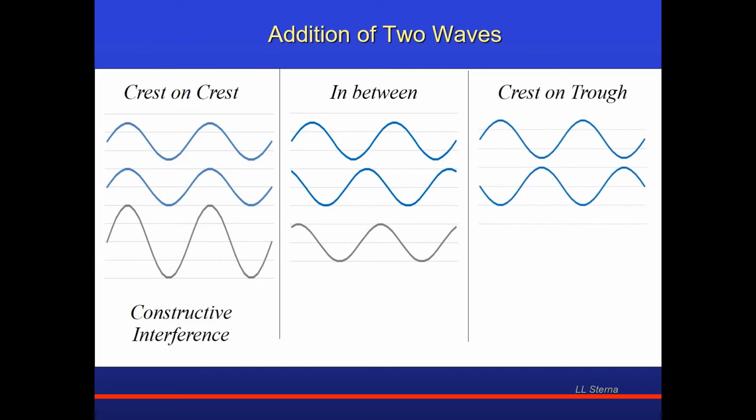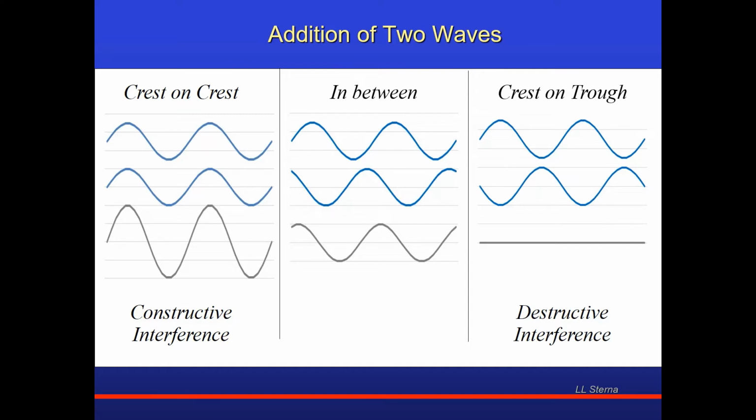But what happens if the two waves line up so the crest of one meets the trough of the other? Again, we're assuming the same amplitude and the same wavelength. Crest on trough. Now, when they add up, you get nothing. They completely cancel. That is called destructive interference.